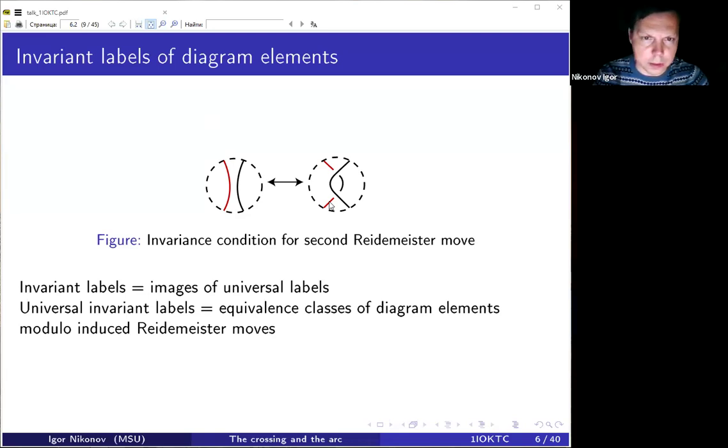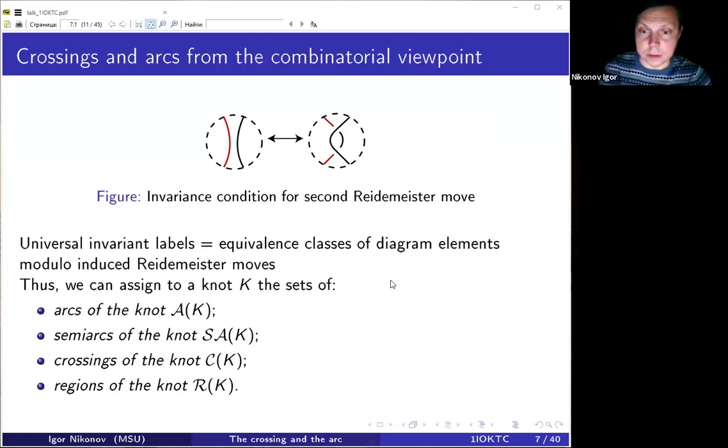And the set of these equivalence classes is exactly the universal invariant label. So the question is how to describe this set of equivalence classes. And this set of equivalence classes of arcs for all diagrams of one knot can be called the arcs of the knot. So we deal with all diagrams, and we assign these equivalence classes of arcs to the knot itself.